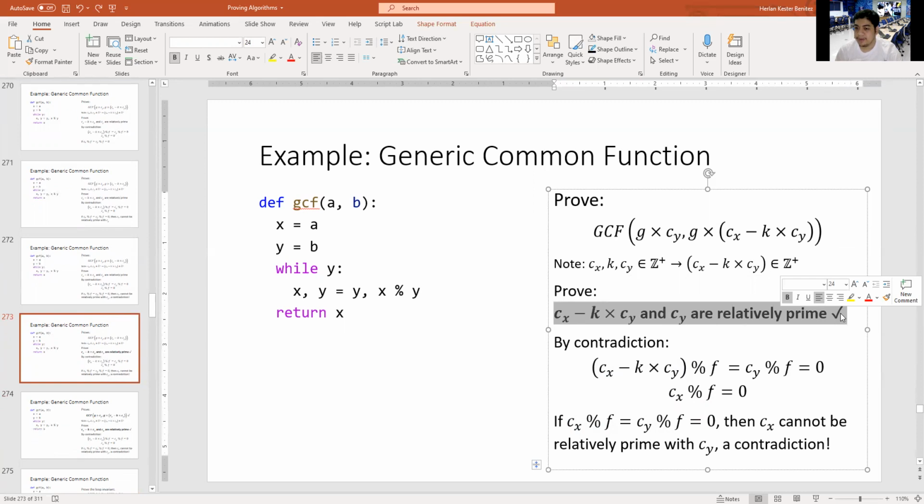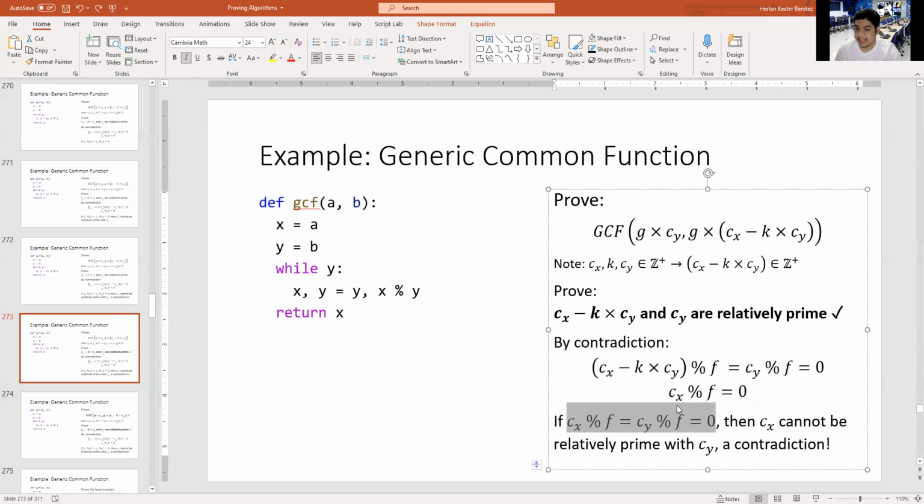I will pause to let that sink in. Since if we assume that these two terms have a common factor, cx and cy would also have a common factor as well.